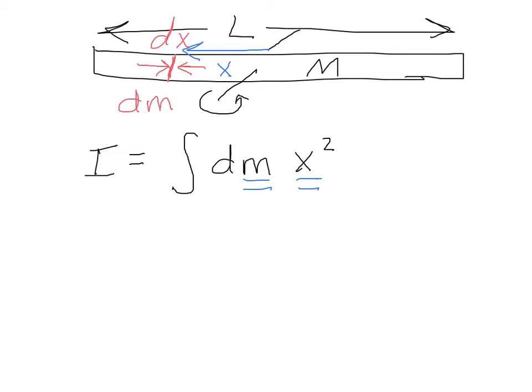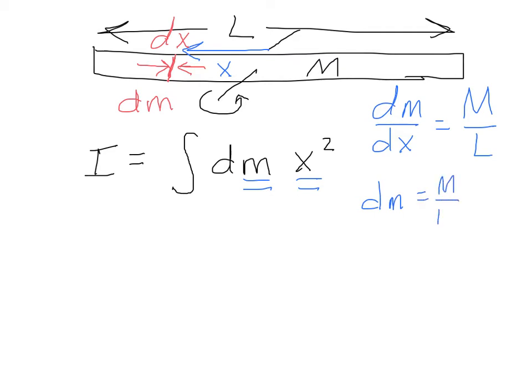Well, if we consider how much mass that little slice is going to have, we would write this relationship. The amount of mass on the little slice is related to its thickness the same way the entire mass is related to its length. And so I can replace dm with an equivalent quantity, m over L times dx.